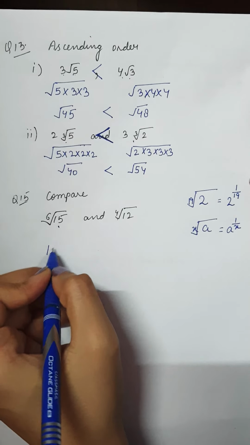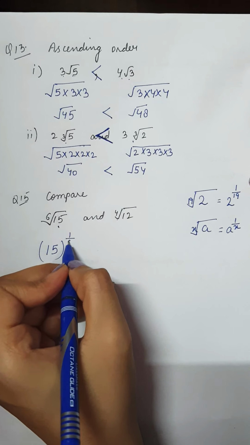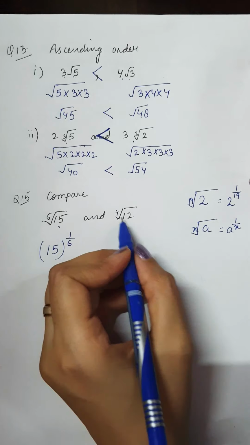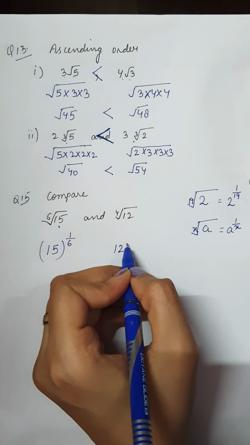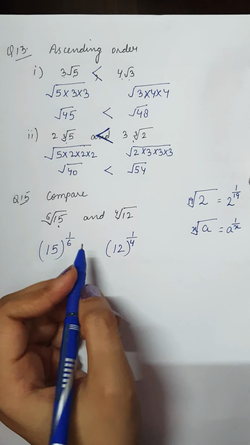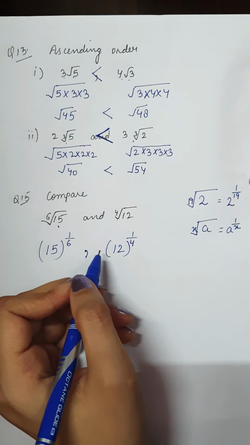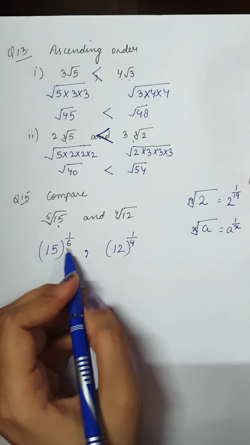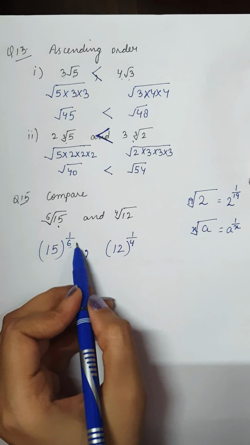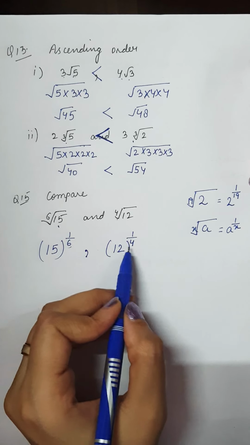So here I will write the number of the root as a fraction power, and the 4th root will be 1 by 4. I am writing a comma because I do not know which one is greater. So the task is to make the denominators of both the same.